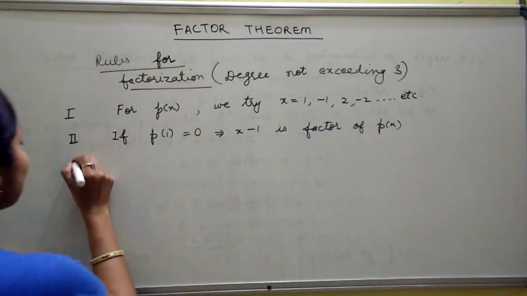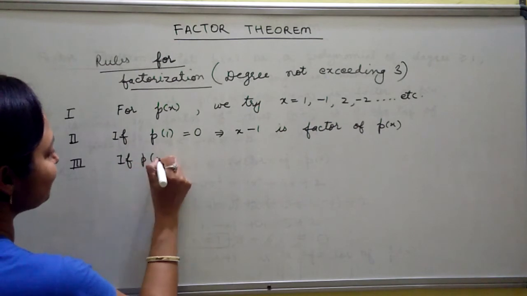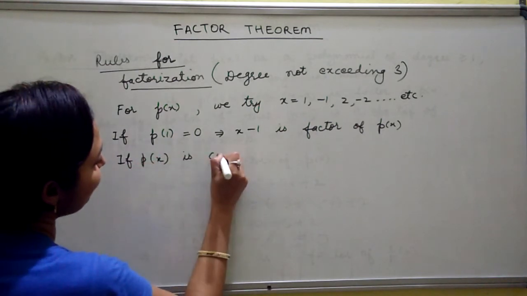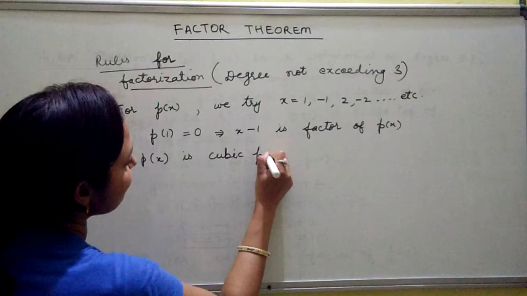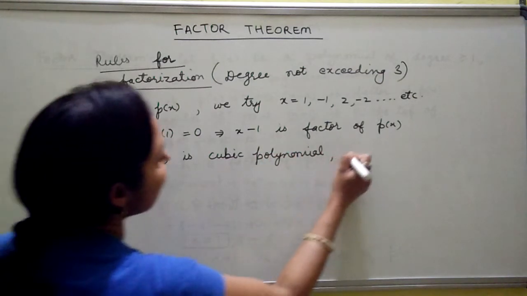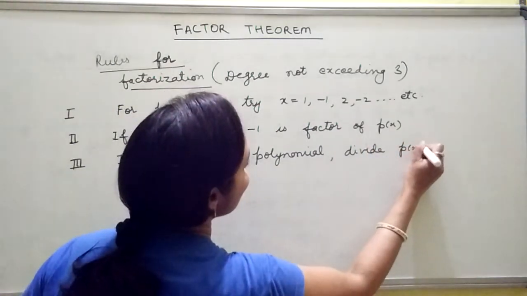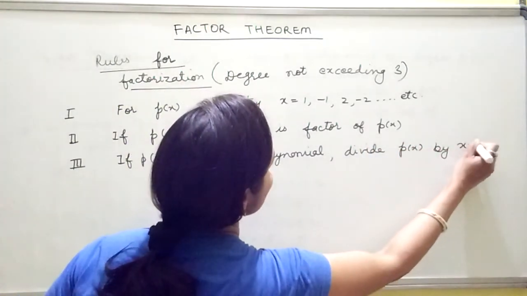Right? Third step, if p(x) is a cubic polynomial, you have to divide p(x) by x minus 1.